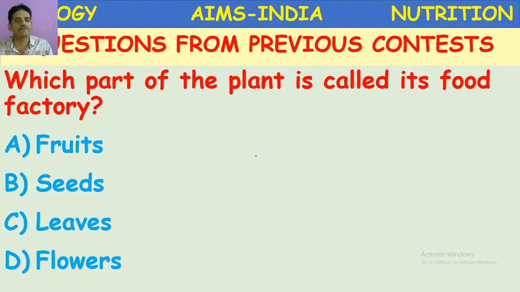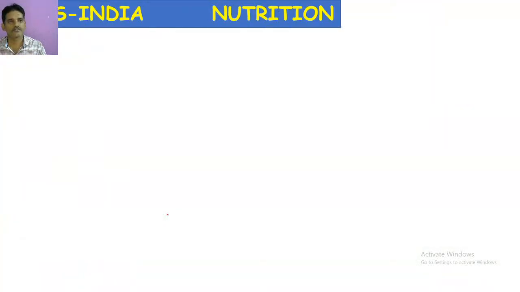The food factory of the plant is, yes, leaf. Fruits, seeds, flowers, they are allotted different functions. The function photosynthesis is carried by leaves, food synthesis. So they are called food factories.